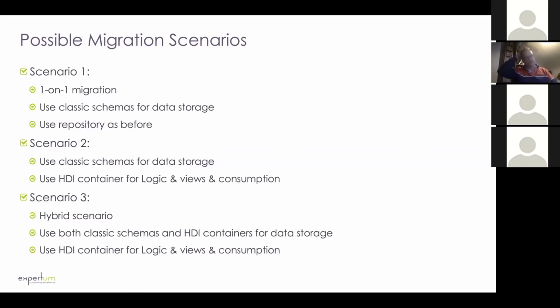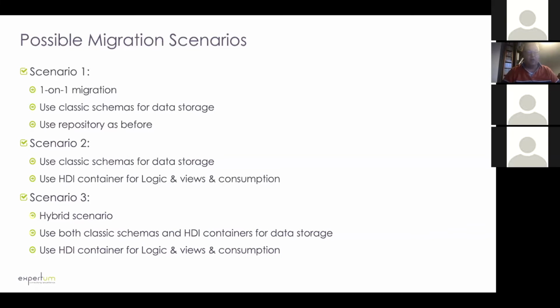In the future, there can also be hybrid scenarios when you start moving data to HDI containers as well. But in that case, you probably want to create a user-provided service on that to share that data with your HDI containers, which contain your views. Otherwise, you'll get the problem that I mentioned in the previous scenario.